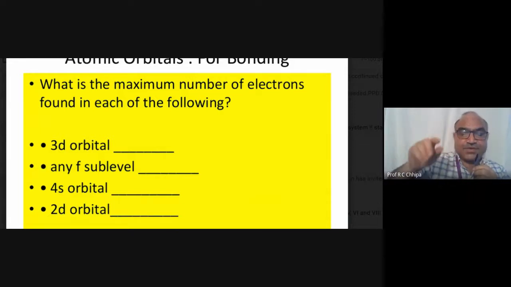So 2 plus 2 plus 2 plus 2, and the last plus 2. So 5 orbitals are there, and each atomic orbital can accommodate 2 electrons. So a total of 10 electrons in the 3d sublevel. The f sublevel can be answered similarly.